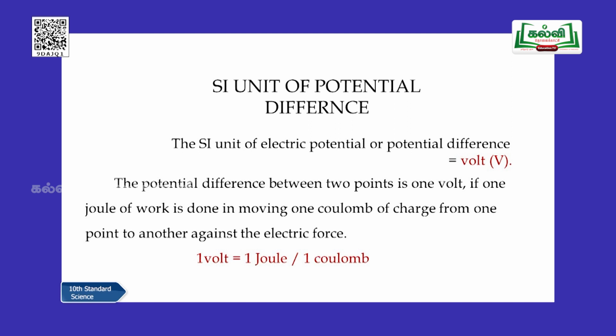At that time, what work are we doing? 1 joule of work is done to bring the charge. So the potential difference between 2 points is 1 volt if 1 joule of work is done in moving 1 coulomb of charge from one point to another against the electric force. This is the definition for the potential difference using the units. So you have to remember 1 volt is equal to 1 joule per 1 coulomb.